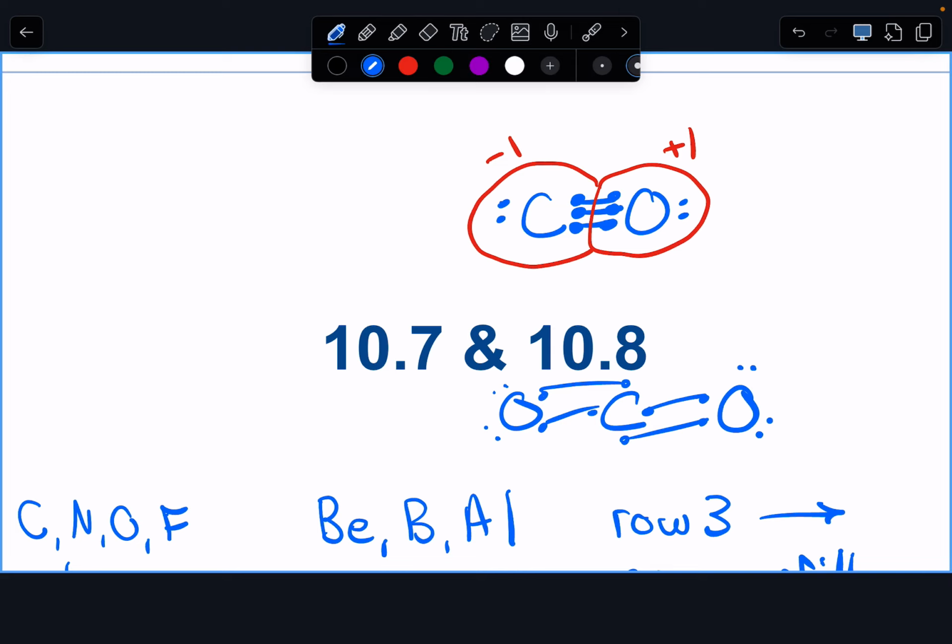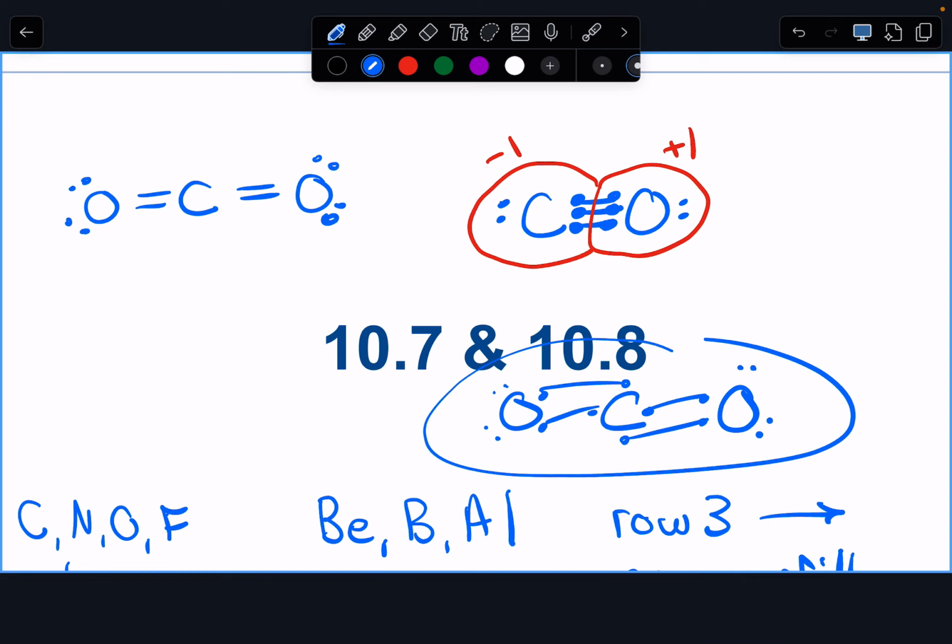Going back to carbon dioxide. Let's do the same thing for carbon dioxide, knowing that when we drew the structure, we didn't move any electrons. We just left them on the atoms that they started with. Okay, I'm drawing out those dots that are part of the bond.